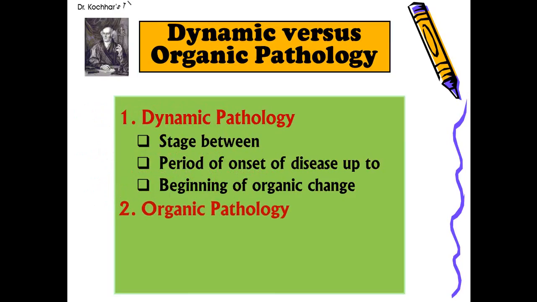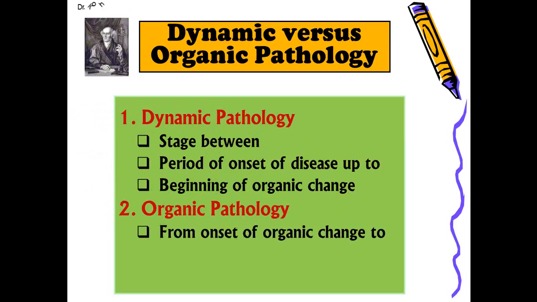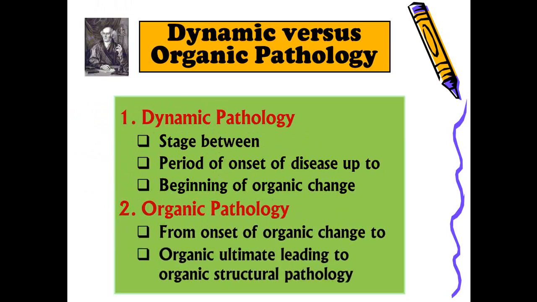Then what is organic pathology? From onset of organic change to ultimate change, when the stamping is done, when you see there is a degeneration, a proliferation, a tumor, or whatever organic change has taken place, and that leads to organic structural pathology.